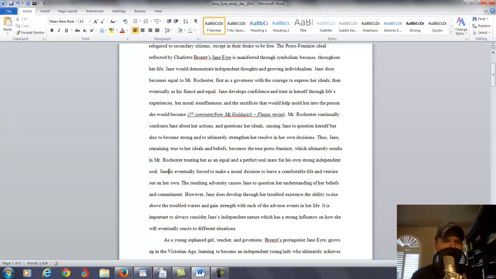Jane is eventually forced to make her moral decision to live a comfortable life and venture out on her own. The resulting adversity causes Jane to question her understanding of her beliefs and commitment. However, Jane does develop, through her troubled existence, the ability to rise above the troubled waters and gain strength with each of the adverse events in her life.